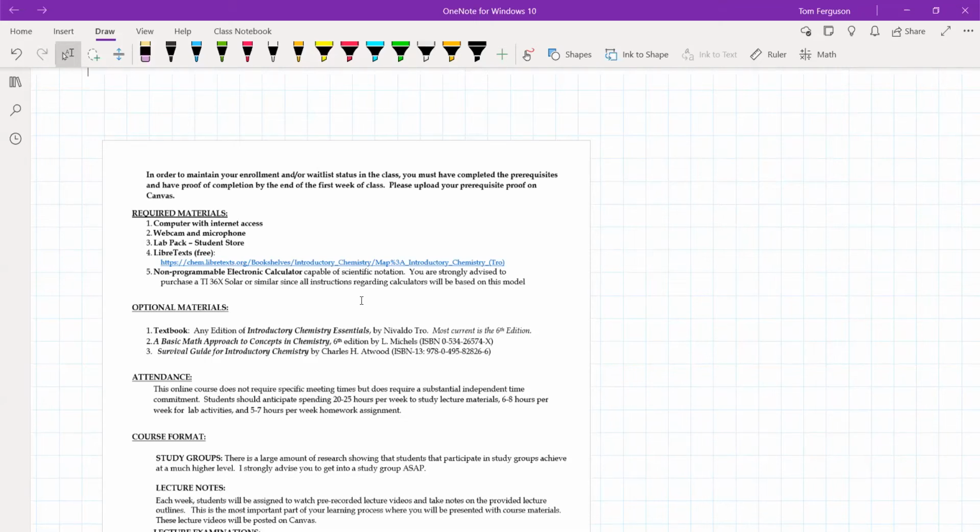Okay, required materials. You need a computer with internet access and a webcam with microphone, and that's for doing the quizzes and tests. You also need a lab pack from the student store. Has anyone bought their lab pack yet? I purchased mine and it said that they were actually on back order. Did they say how much it cost?